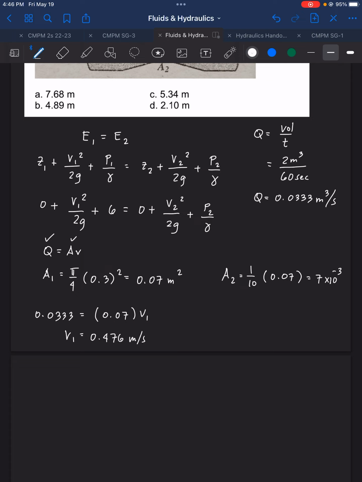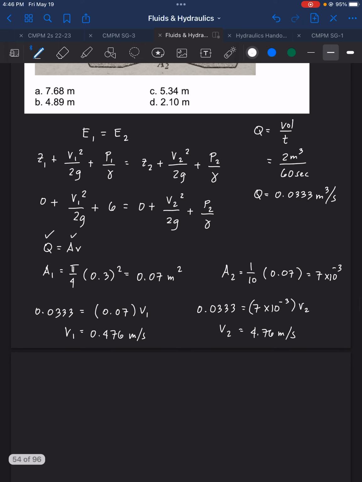Now for velocity 2, 0.0333 equals the area, 7 times 10 raised to negative 3, times velocity 2. So velocity 2 is 0.0333 over 7 times 10 raised to negative 3, which is 4.76. So they're the same. No, they're not the same, sorry. 4.76 meter per second.